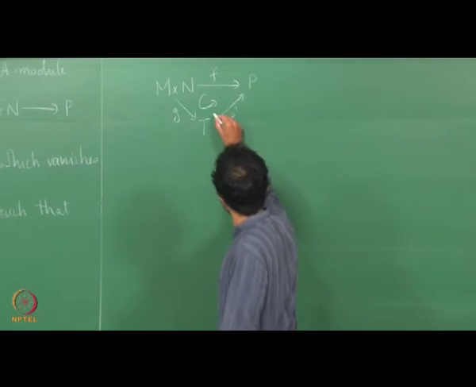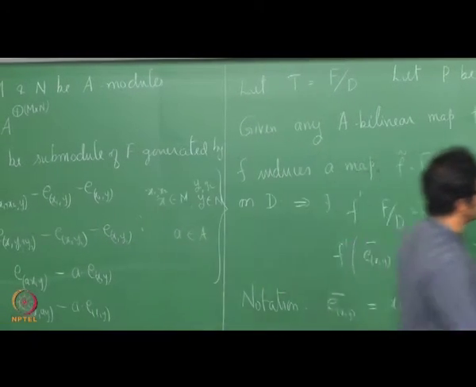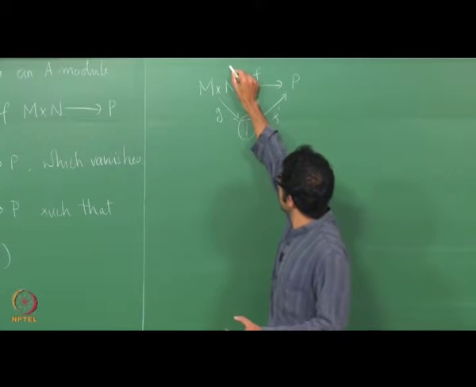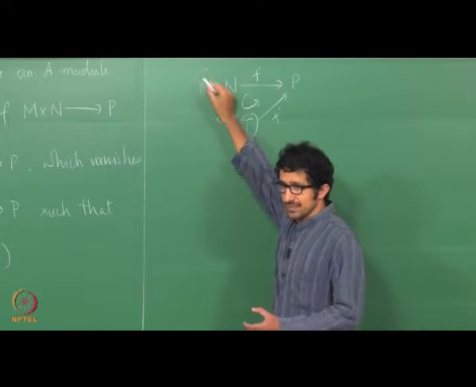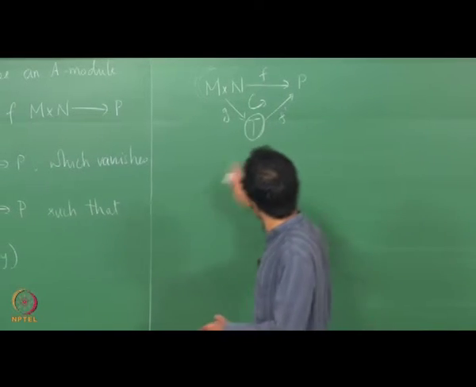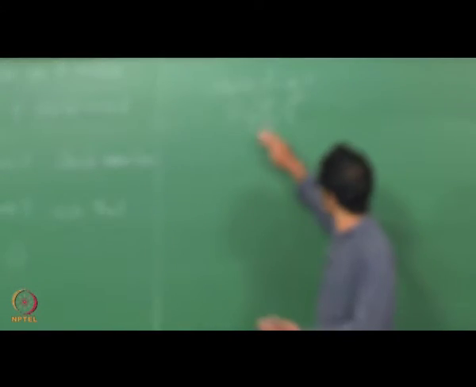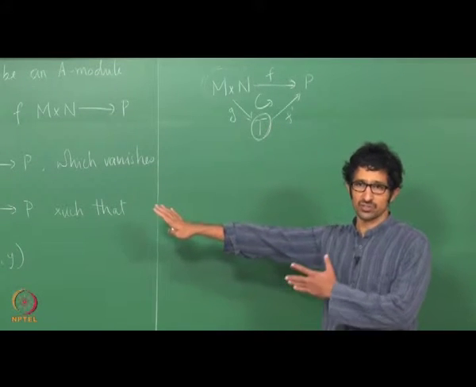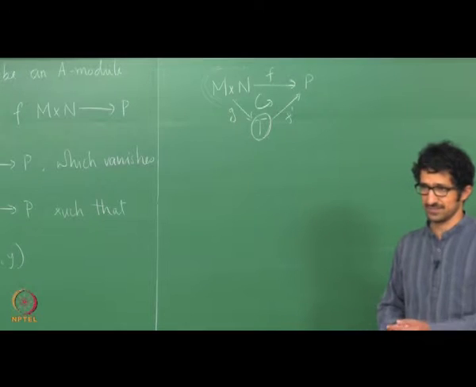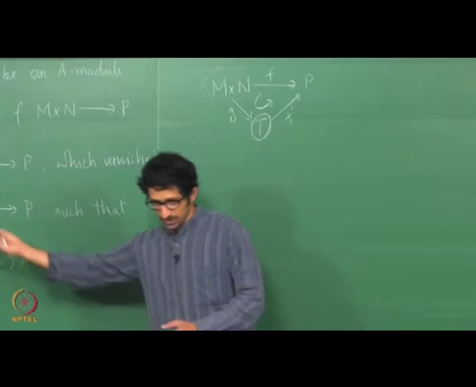Okay. Given the existence of such a module, by studying the structure of T, one can say something about M and N. Similarly, given M and N, one can study the structure of T. If we go a little forward, we will see that this construction looks so unnatural, but the modules that one obtains are very natural.